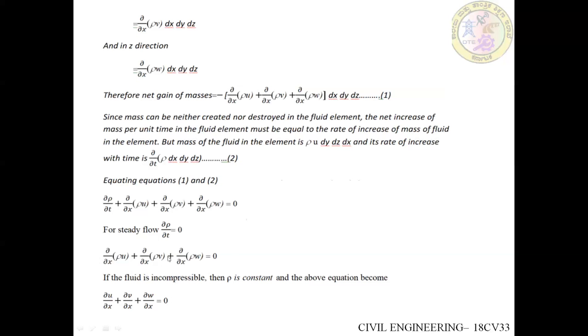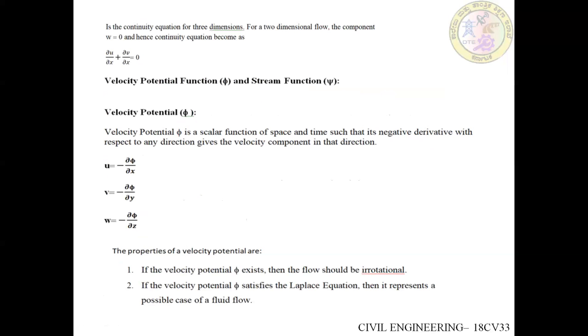So if you substitute that in the above equation, it reduces to dou u by dou x plus dou v by dou y plus dou w by dou z equal to 0. So this is the continuity equation for 3 dimensions.